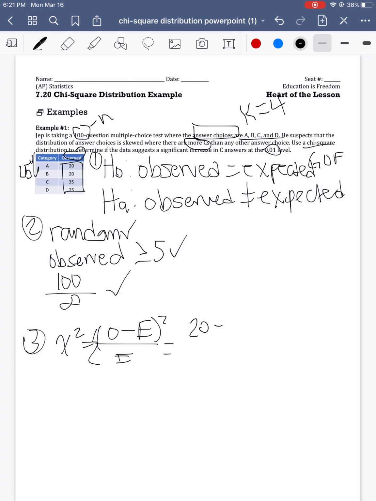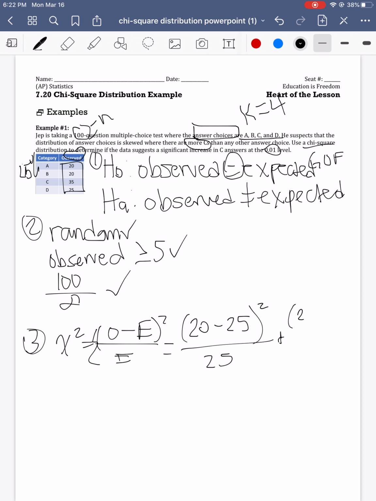So 25% of my n is going to be just 25. So I would expect 25 answer choices. And again, this is a quality. So we would expect that each answer choice has an equal distribution. So that's why we can just say 25%.